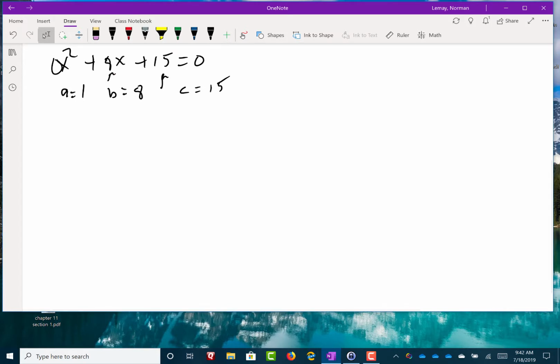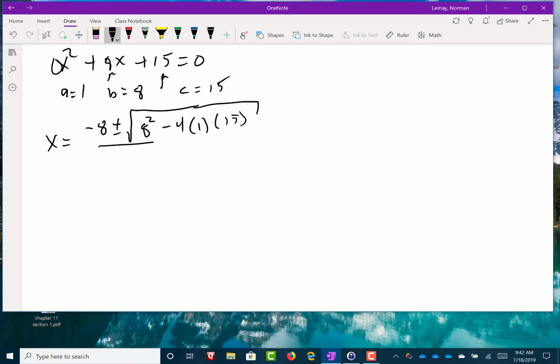So the quadratic formula says we take x equals negative b, so negative 8 plus or minus the square root of 8 squared, b squared, minus 4ac, so 4 times a, which is 1, times c, which is 15. Divide this by 2a.